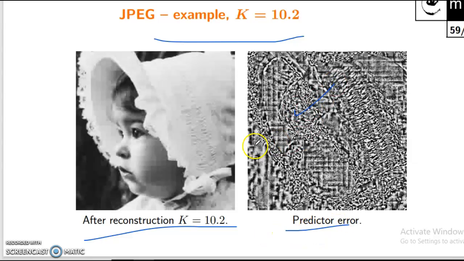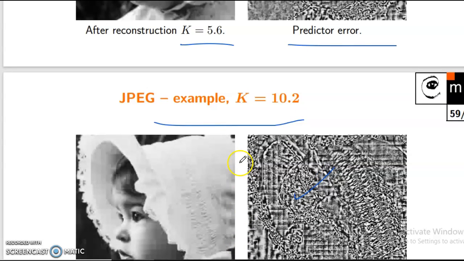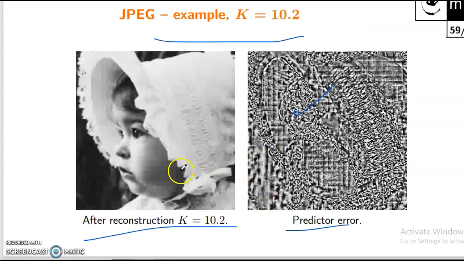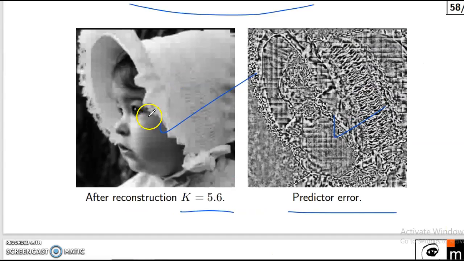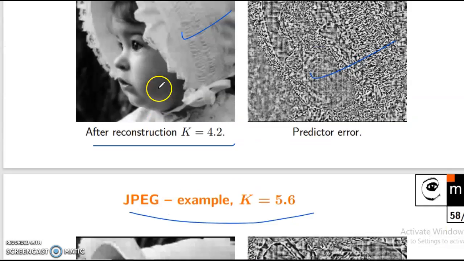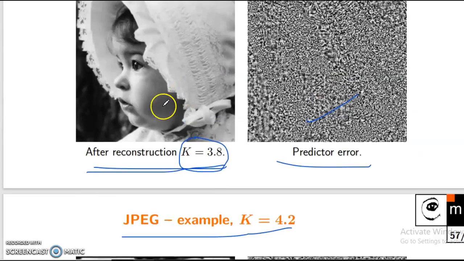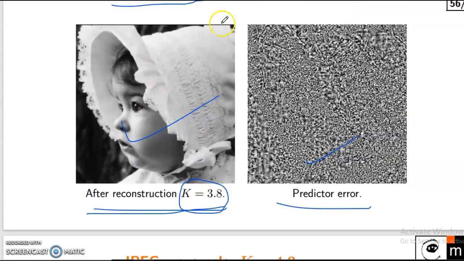This is the predictor error. So in predictor error: K equal to 10.2, K equal to 5.6, K equal to 4.2, up to K equal to 3.8, like this.